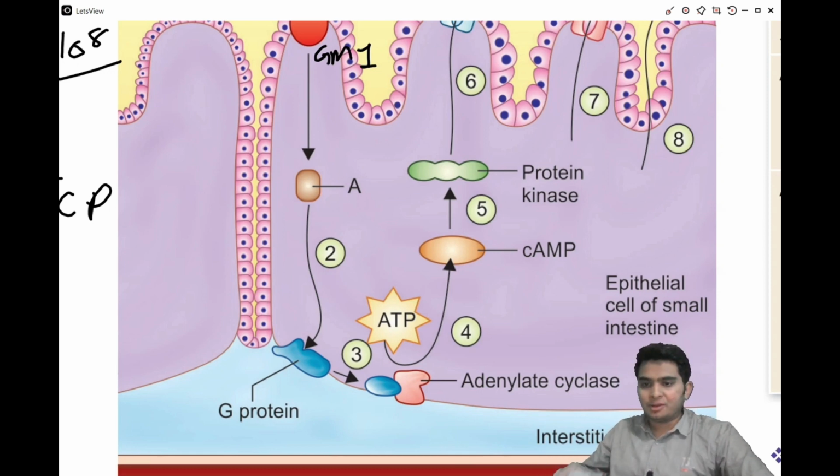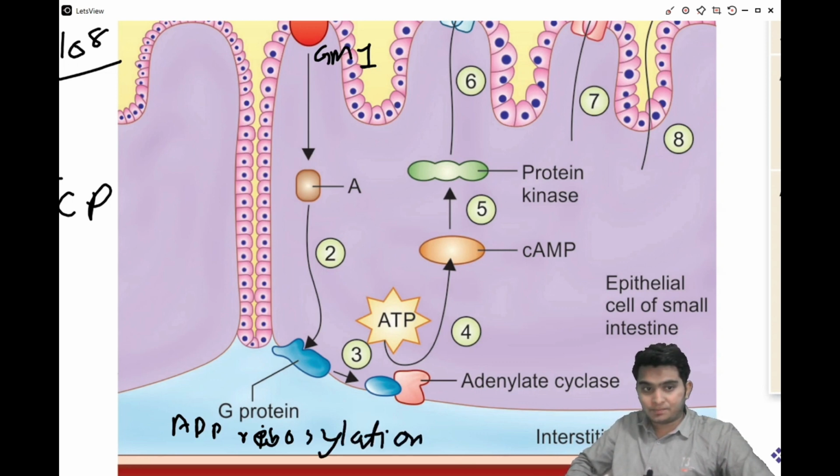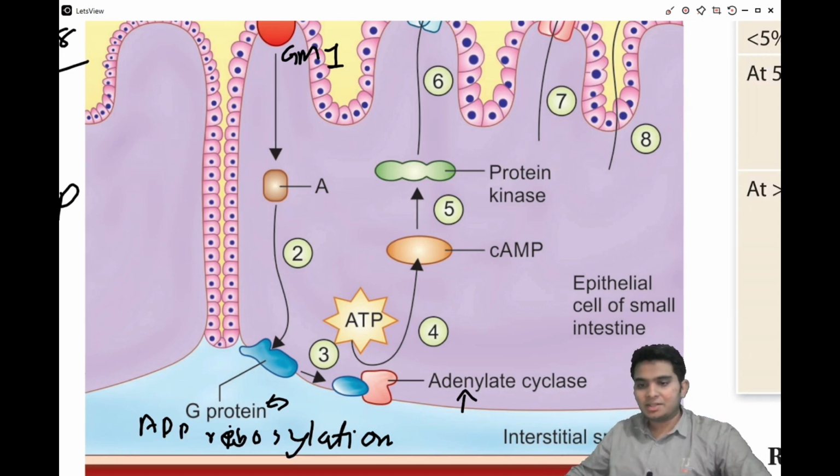Now the role of fragment A comes in. It is the active fragment, which causes ADP ribosylation of G protein, which will upregulate the activity of adenylate cyclase, resulting in the intracellular accumulation of cyclic AMP.